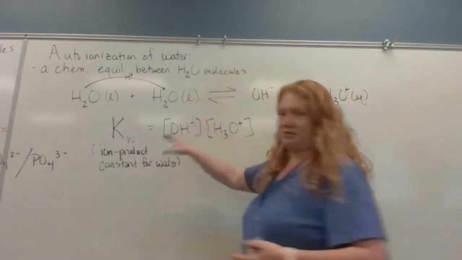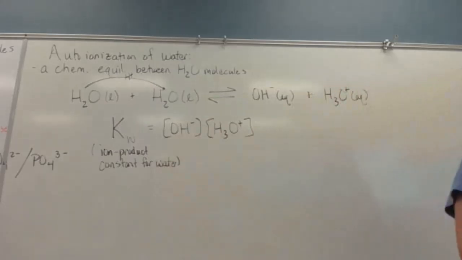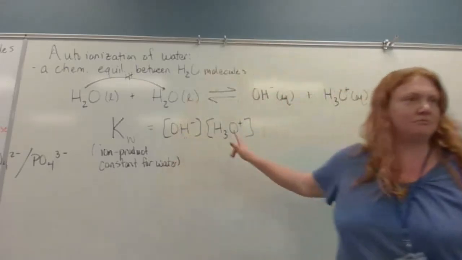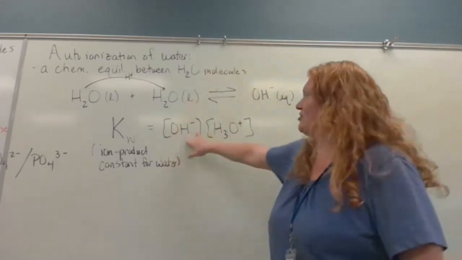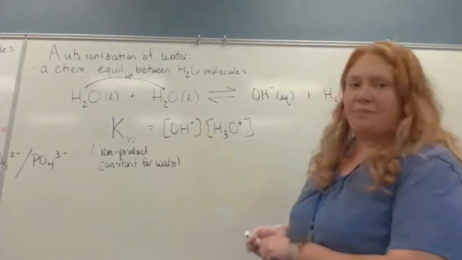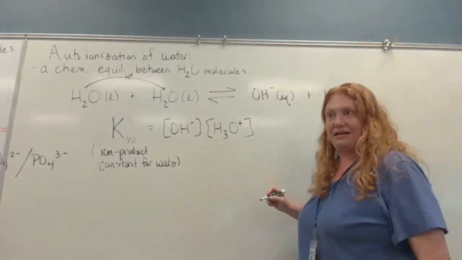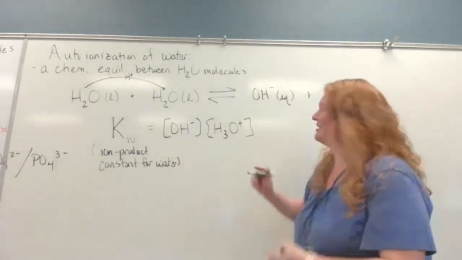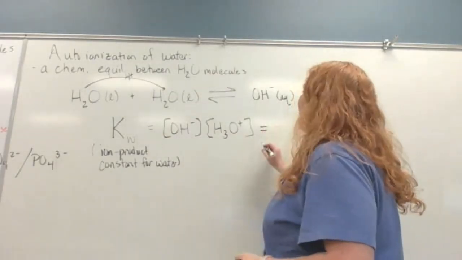Will the KW of water always look like this? Does it matter which one of these ions you write first? No. It's hydroxide times hydronium. That's it. Now, this wouldn't be a constant if there was not a constant value for water.